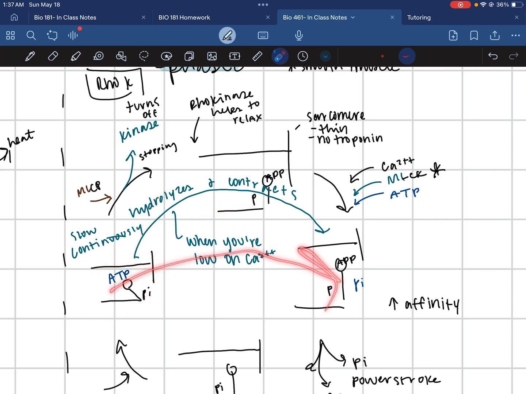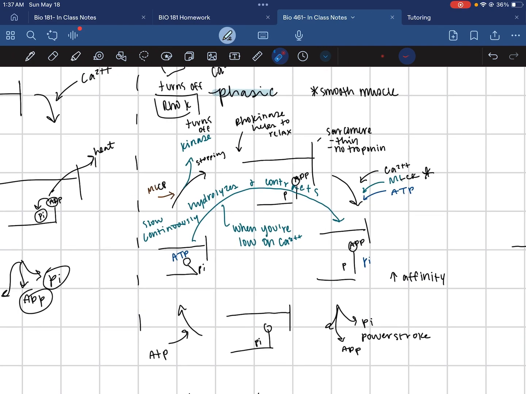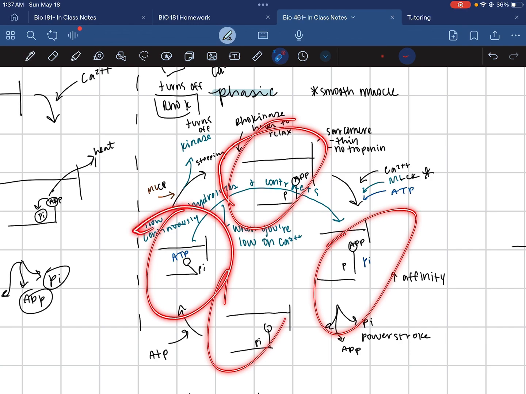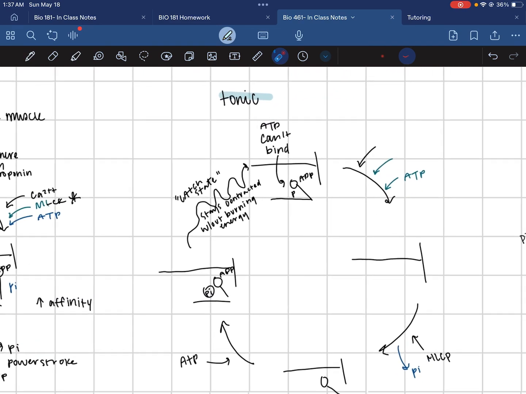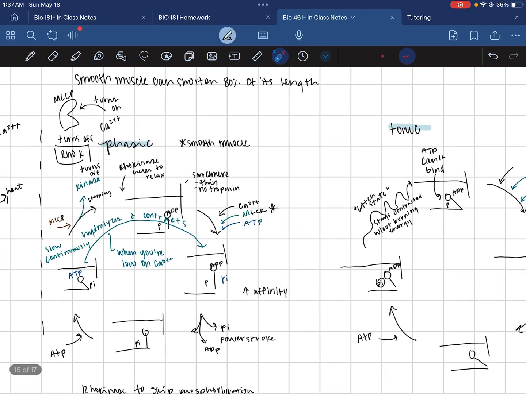It already just occurs. It still hydrolyzes, that's the thing, but you don't have to worry about this power stroke because you can just go from cross bridge, power stroke, release, or you can go from recover straight to power stroke. And then that is for phasic.